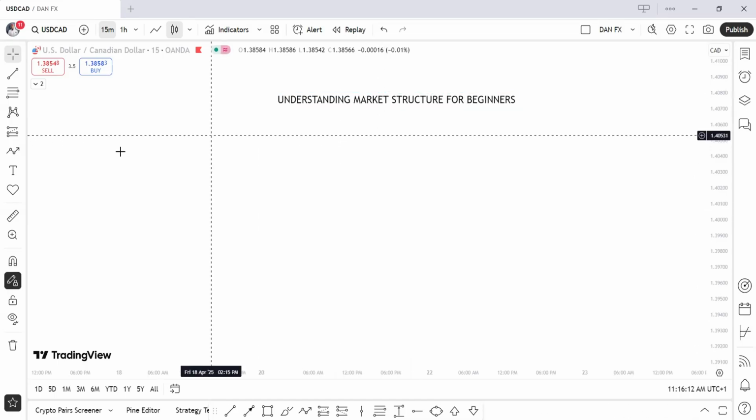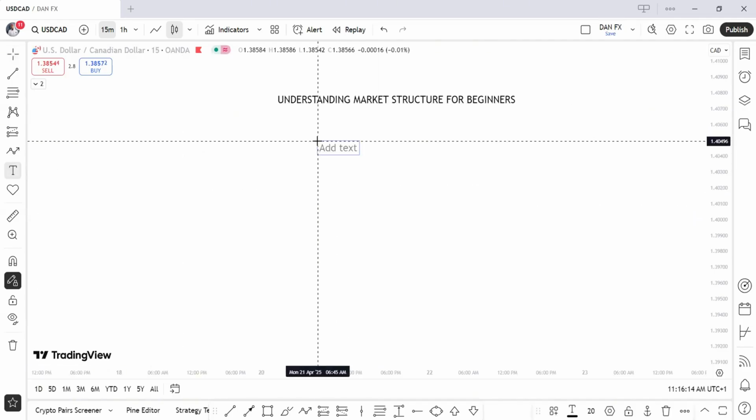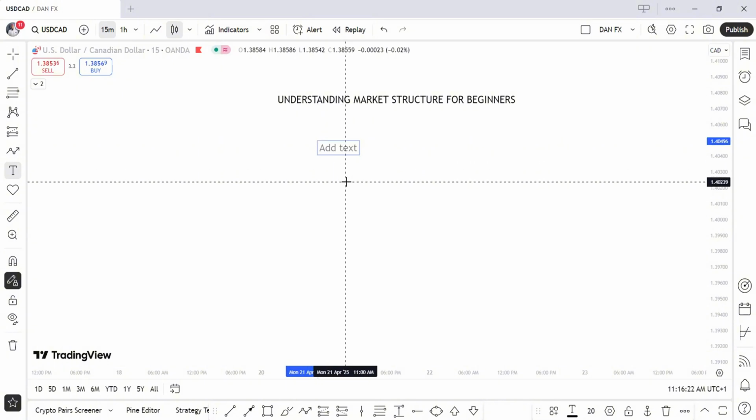So the first thing we're going to go over is that the market has three phases. The market is either going up, which is an uptrend, or it's going down, which is a downtrend, or it's going sideways, which we call consolidation.